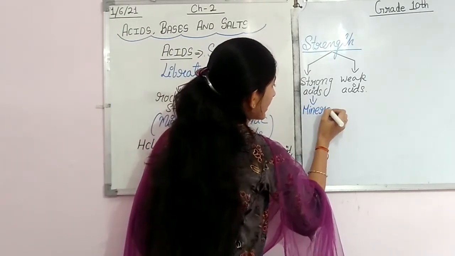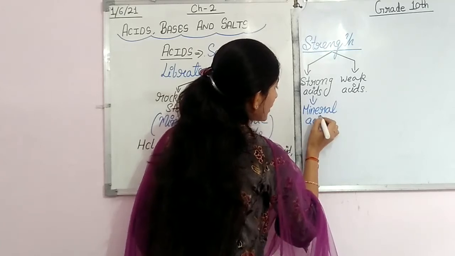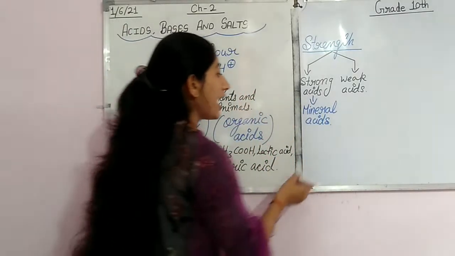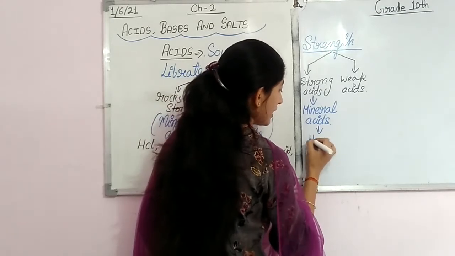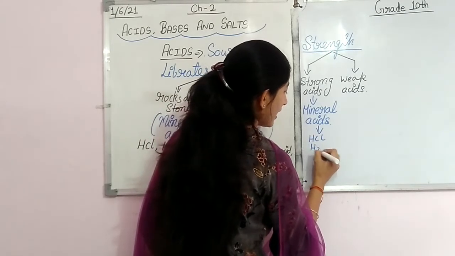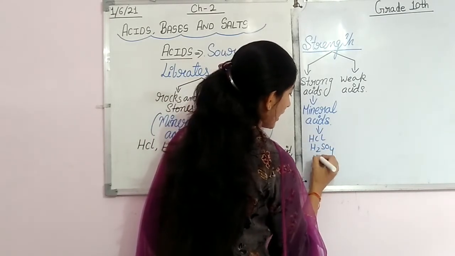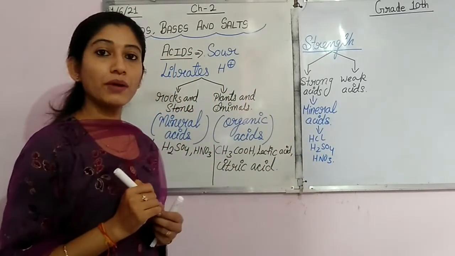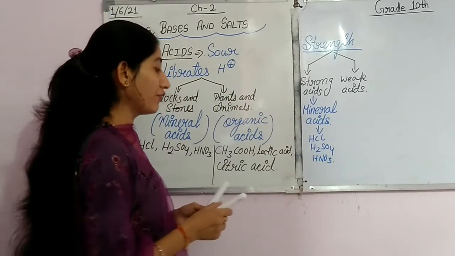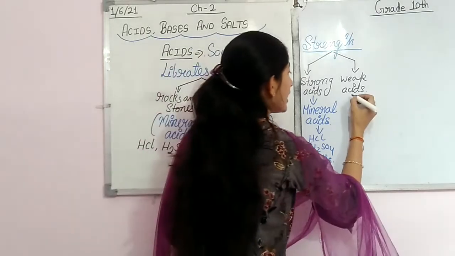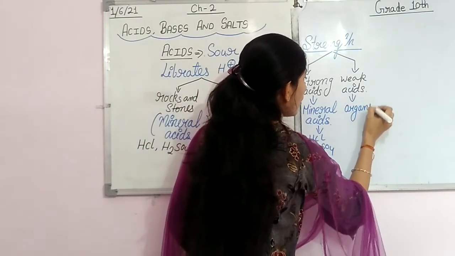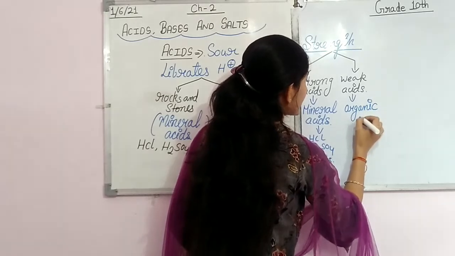We call mineral acids as strong acids, and their examples are HCl, H2SO4 and then HNO3. When we talk about the weak acids, these are usually our organic acids.